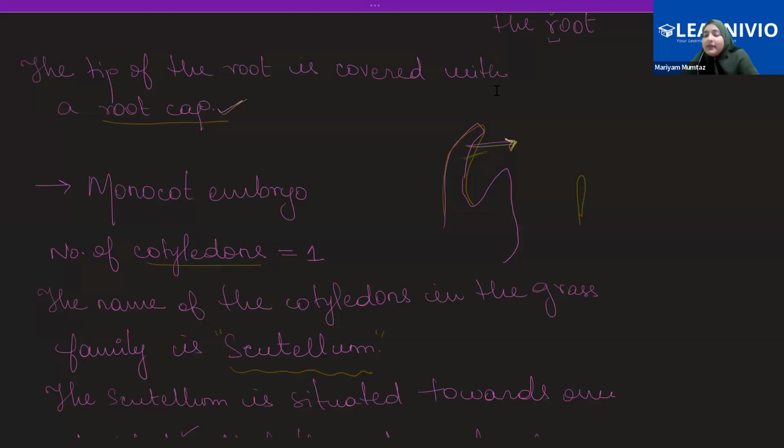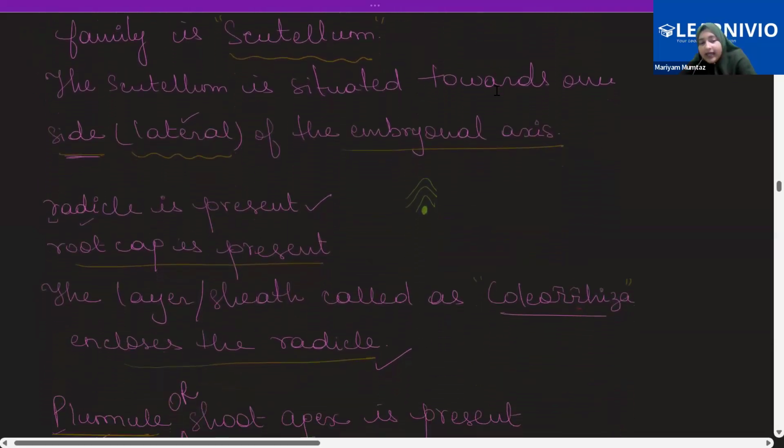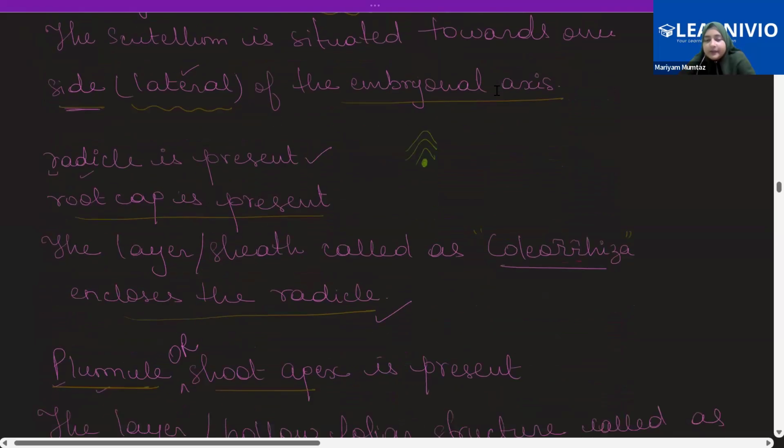The plumule is covered by the coleoptile and the radicle is covered by the coleorhiza. And root cap is present in both of these plants, whether it is dicot or monocot.